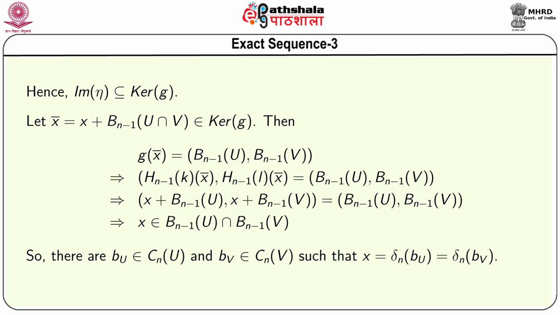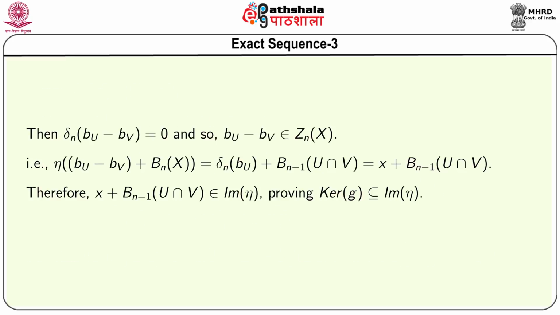So, there are elements b_u and b_v respectively from C_n(U) and C_n(V) such that x is ∂_n b_u + ∂_n b_v. Then of course, ∂_n(b_u − b_v) is equal to 0, and so b_u − b_v belongs to Z_n(X).